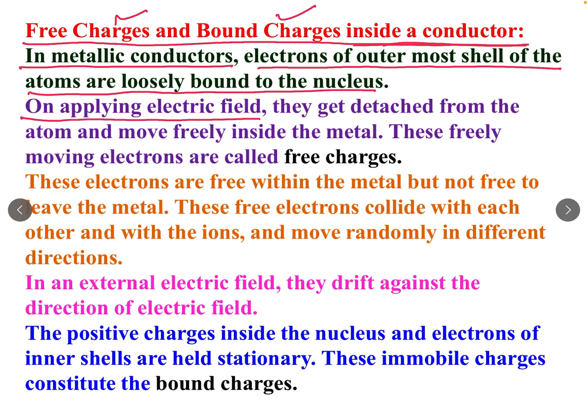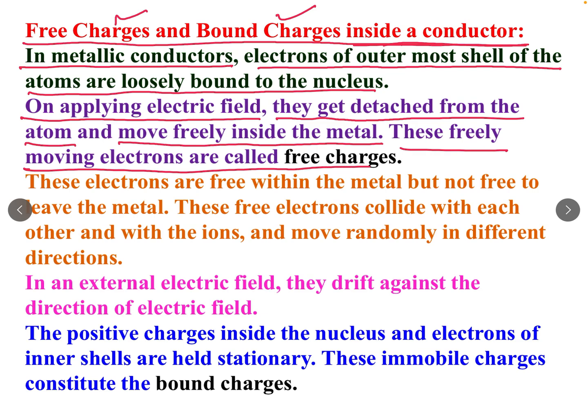On applying electric field, these loosely bound electrons get detached from the atom and move freely inside the metal. These freely moving electrons are called free charges, which are free to move inside the metal on applying the electric field. These electrons are free within the metal but not free to leave the metal. They cannot leave the metal, but they are free to move inside the metal only.